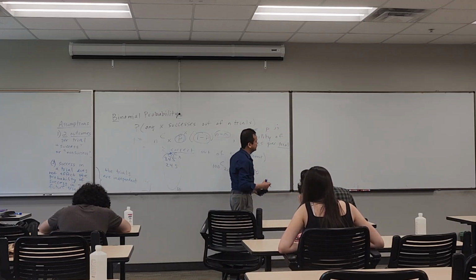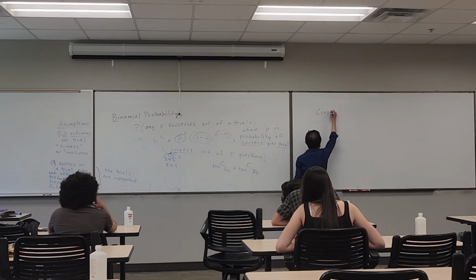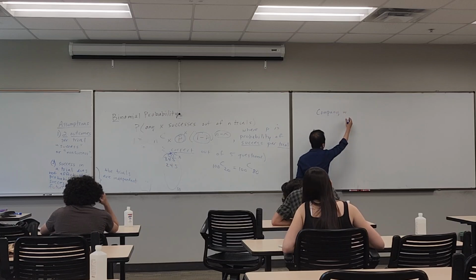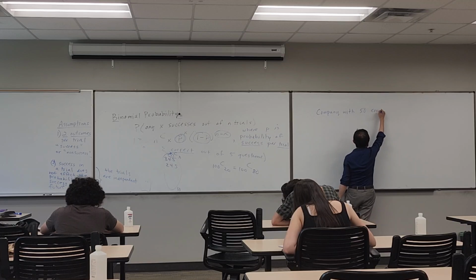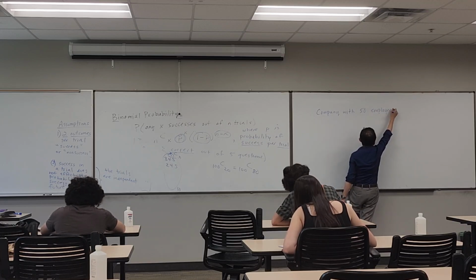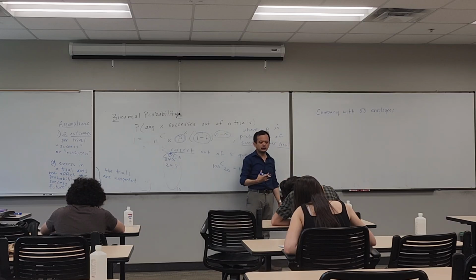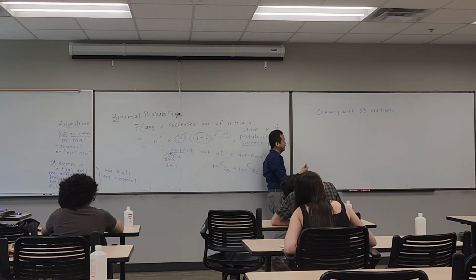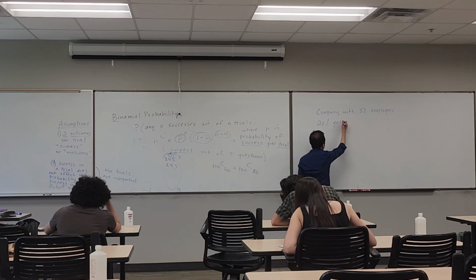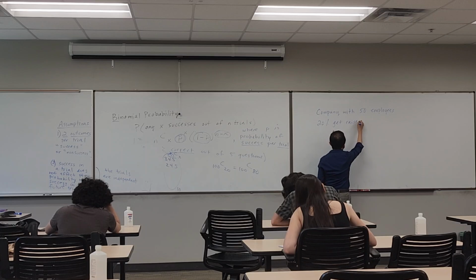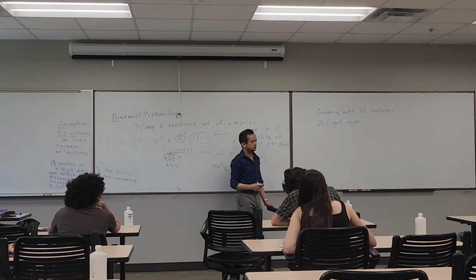So let's look at an example. Let's say that you have a company with 50 employees. And let's say that every year a fixed percentage get raises. So 20% of employees get raises. So that means out of 50 people, how many would get raises? 10. Yeah.